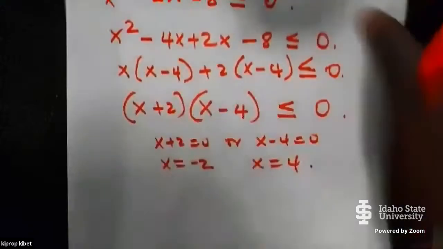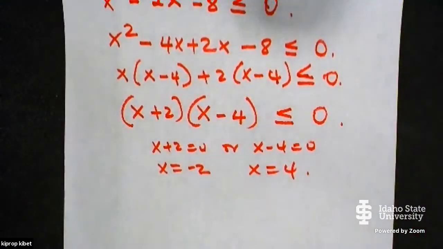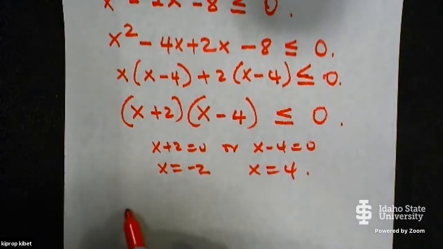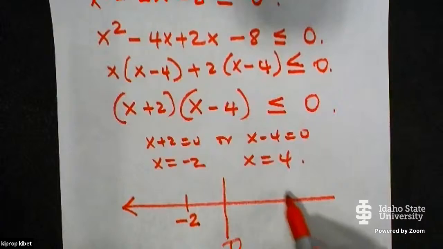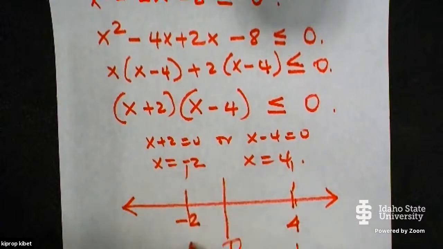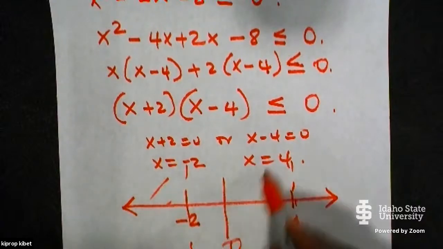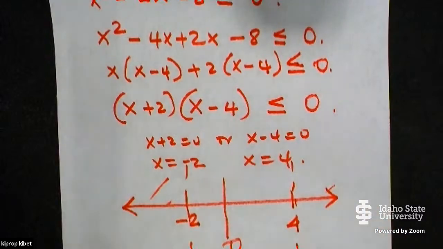Now you draw the number line. We have x equals -2 over here, and x equals 4 over here. So we have this region, this region, and that region.